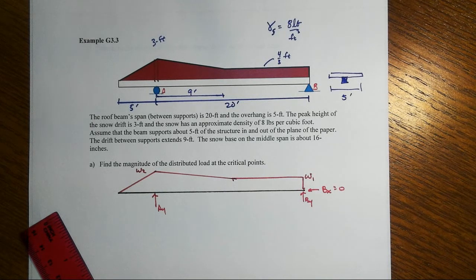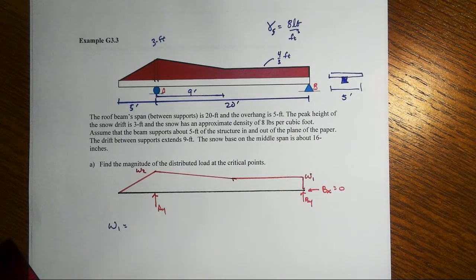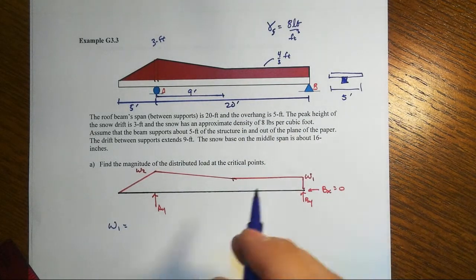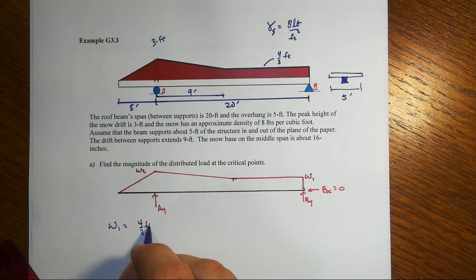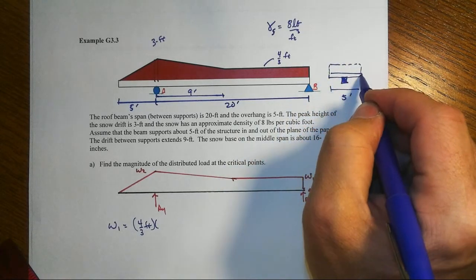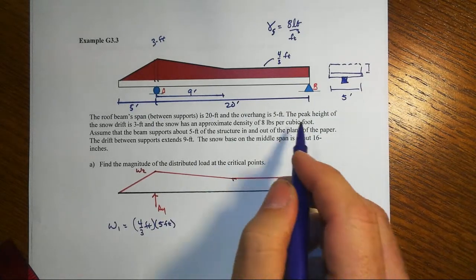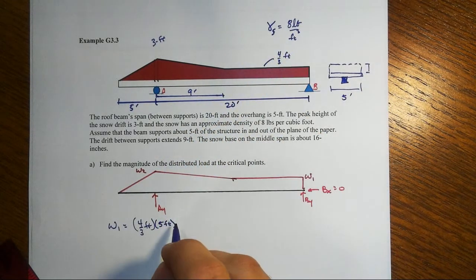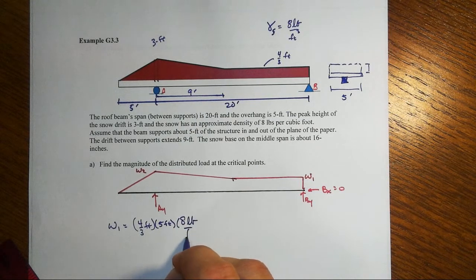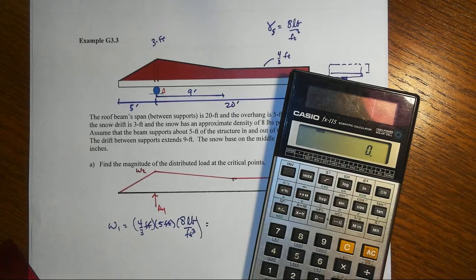Let's do the base uniform little load out here, W1. We've got 4/3 foot deep snow, 5 foot wide, at a unit weight of 8 pounds per cubic foot. Look at the units: feet divide into this, and we get pounds per foot along the length of the beam.